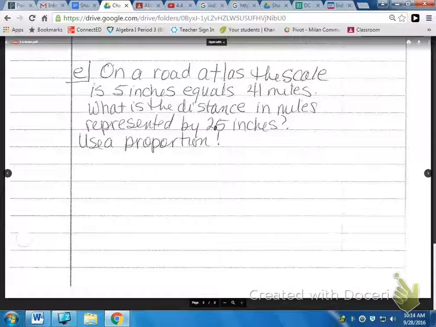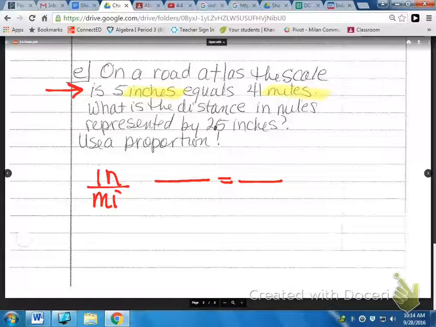So I go by what they tell me right here. I have 5 inches equaling 41 miles. I always like to write that out to myself, that I am comparing inches to miles. That's what they're giving me to go by, inches to miles. So fraction bar, equals sign, fraction bar.